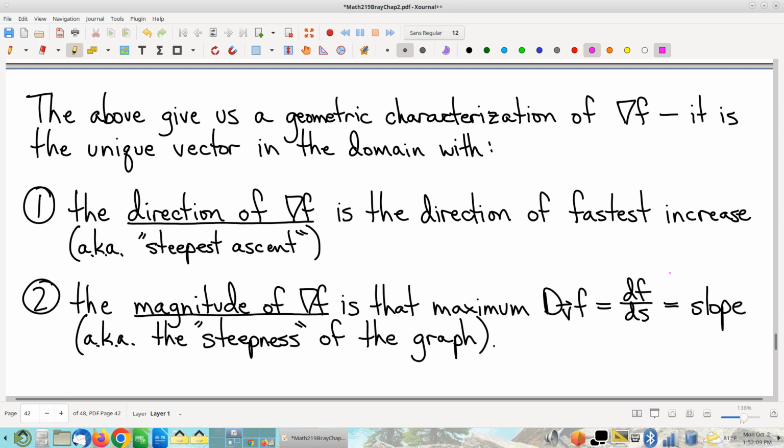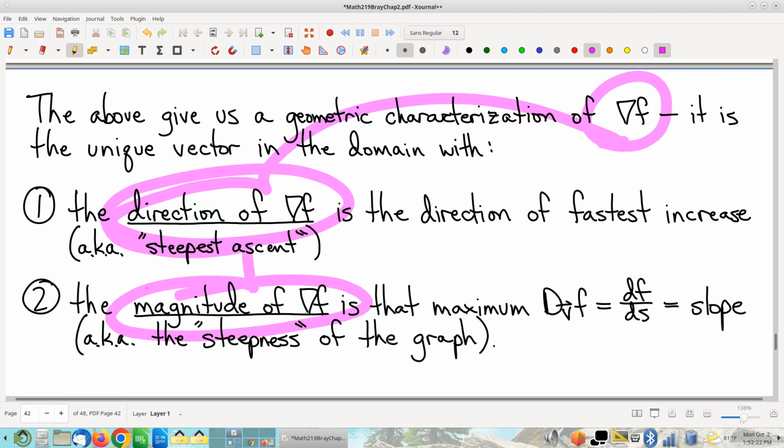It's just notation up to now. Purely algebraic object. And now what we have is that the gradient is the unique vector that has these two geometric features. It's a vector whose direction and magnitude are answers to simple questions.